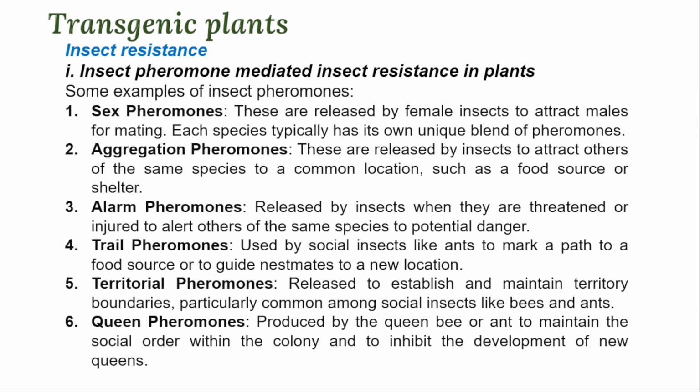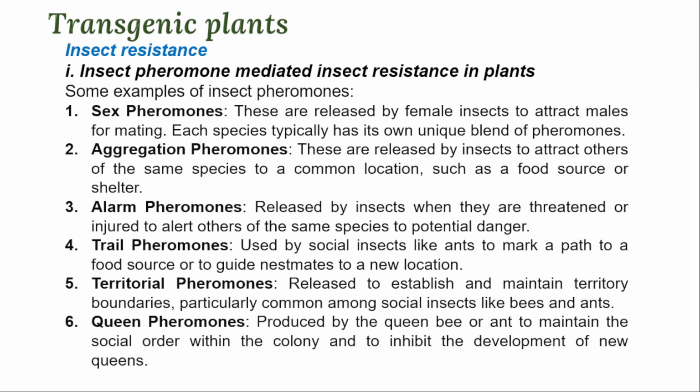So there are different types of pheromones. Sex pheromones attract the opposite gender, and aggregation pheromones mainly help in the aggregation of insects in one place. Alarm pheromones give a signal for any threat. Trail pheromones mainly help in guiding the insects to particular places.